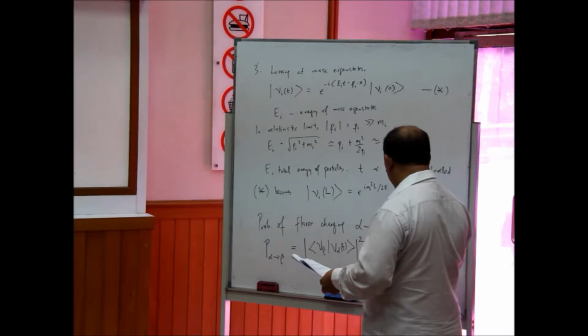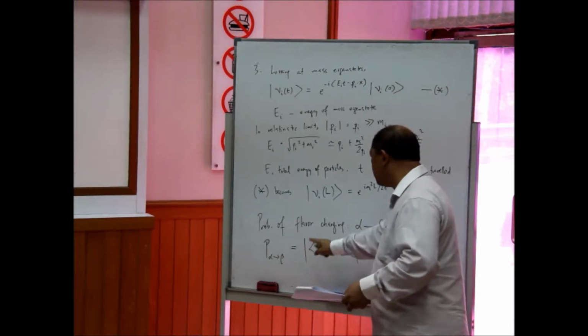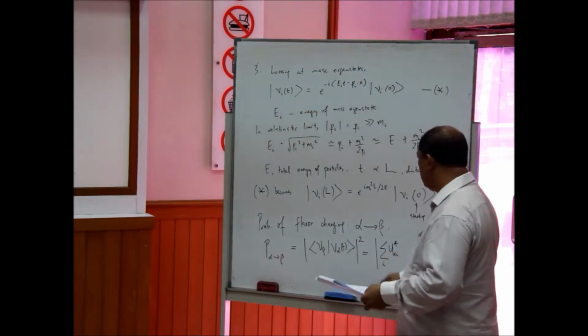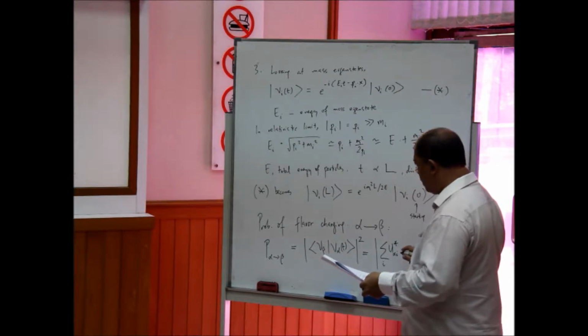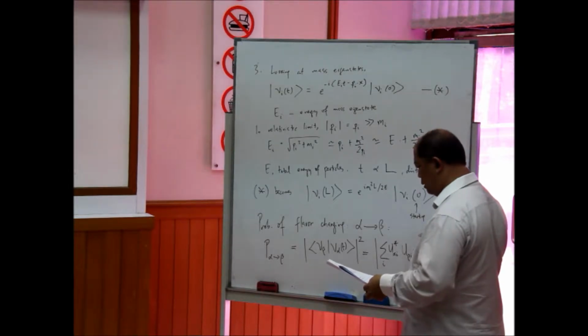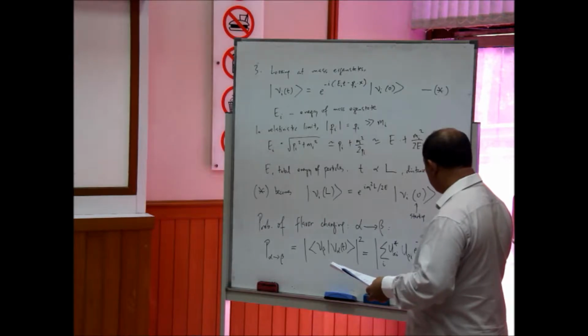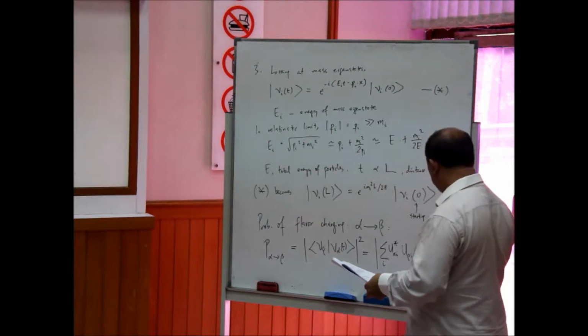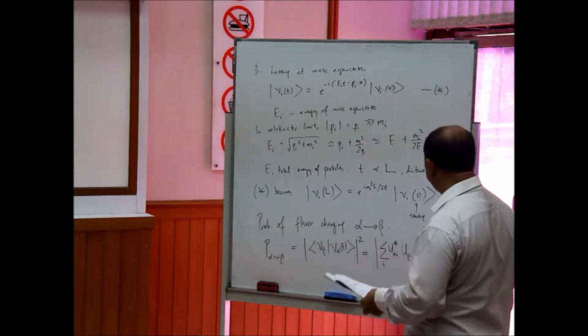U alpha I star, sebab dia di sebelah kiri mestilah star, and then U beta I, E minus I mi square L divided by 2E, whole thing squared.